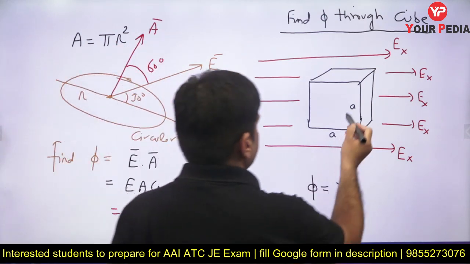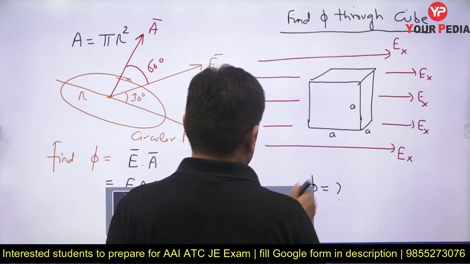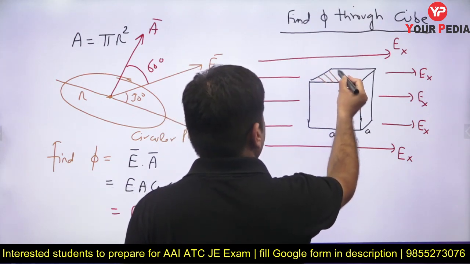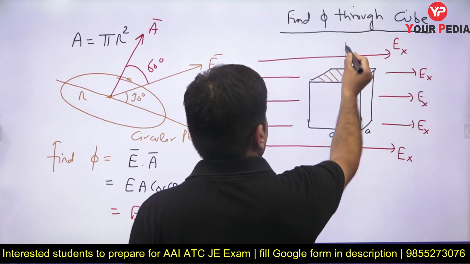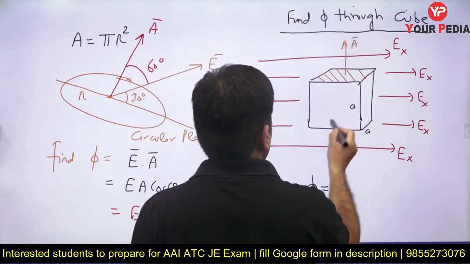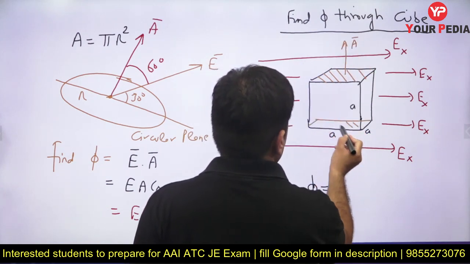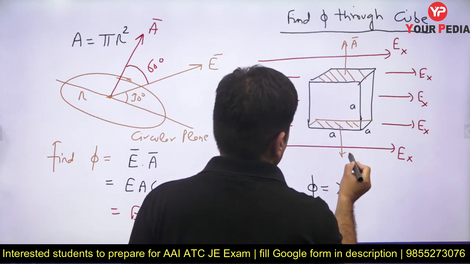Let me tell you that. What I mean, I make a diagram. Can you tell me for this area what is the direction of area? Direction of area is this. What about this? Direction of area is this.